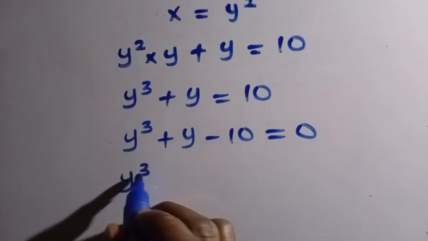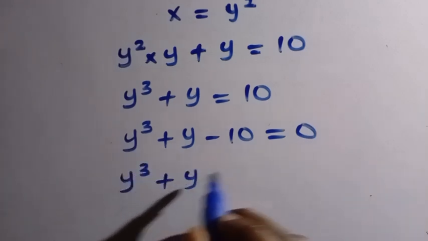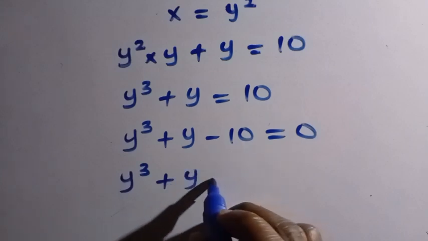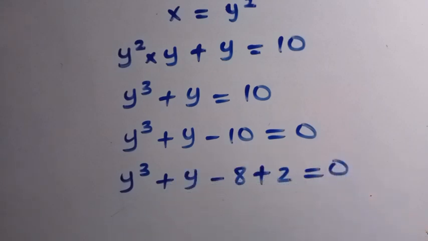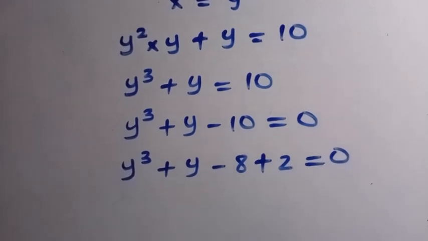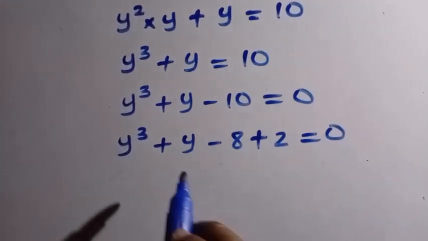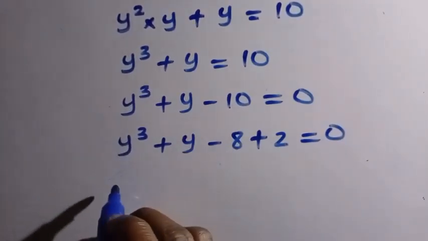What to do here is, if this is y cubed plus y, I break this minus 10 into minus 8 plus 2 equals 0. Then let's combine the 8 and y cubed together.